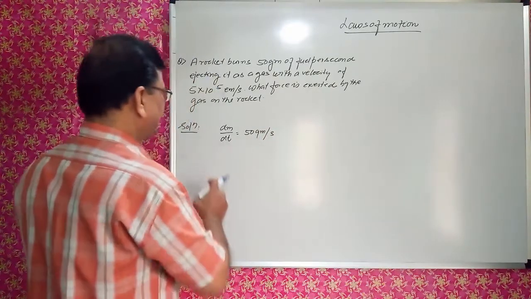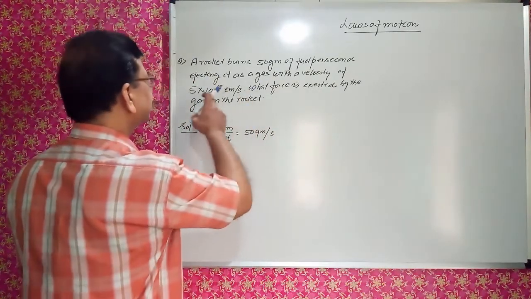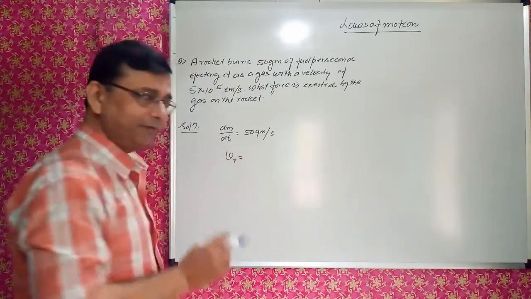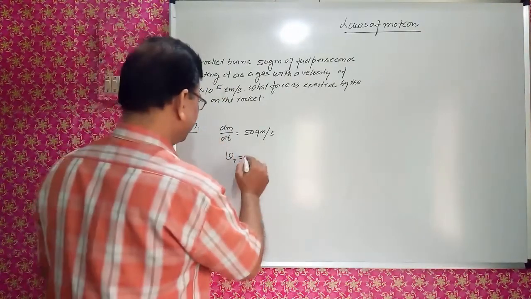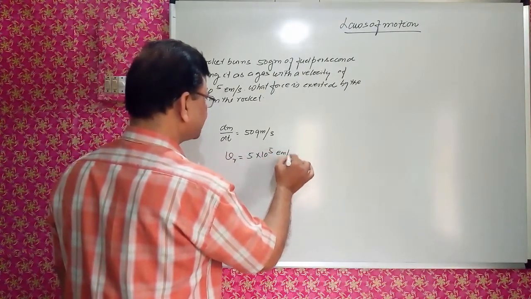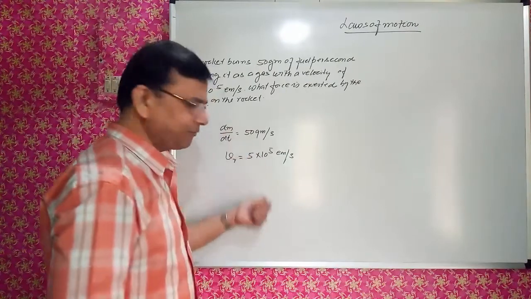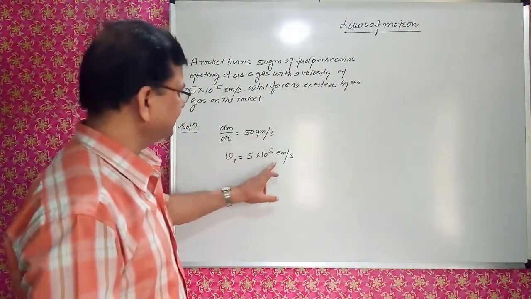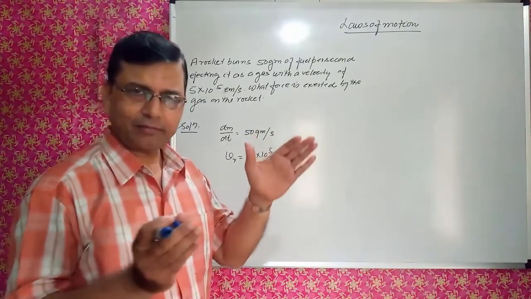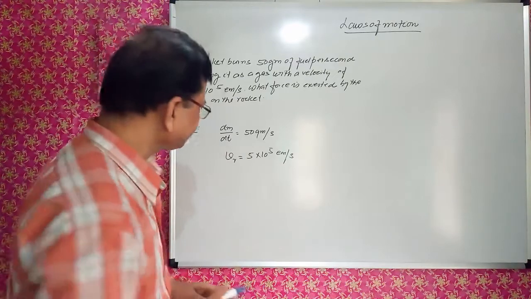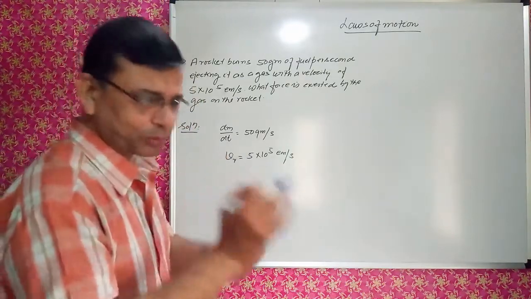And Vr is given, the velocity with respect to the rocket, that is 5 into 10 to the power 5 centimeters per second. Now the information given is in the CGS system, grams per second, centimeters per second. So whatever value we get will be in dyne, the unit of force.